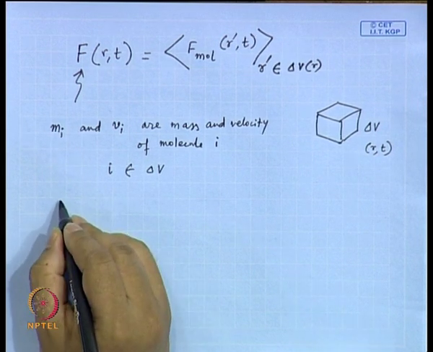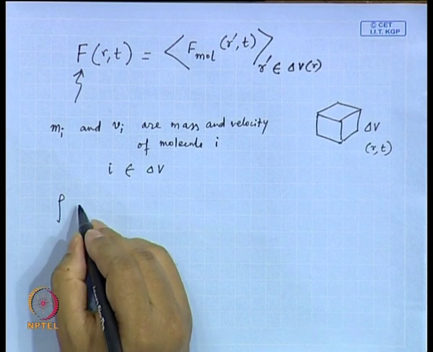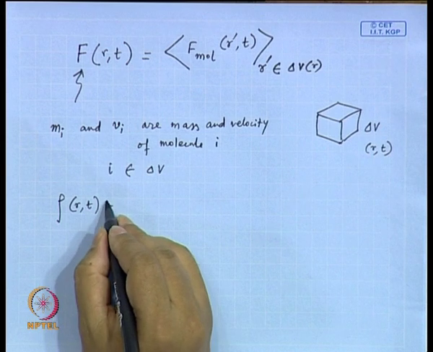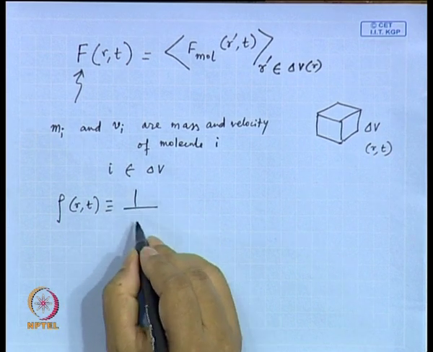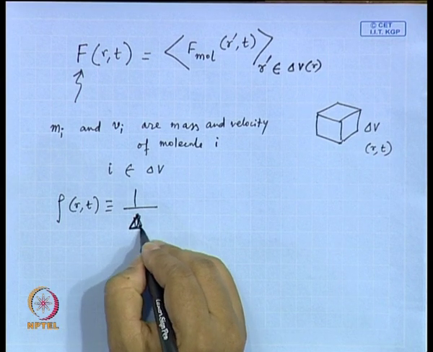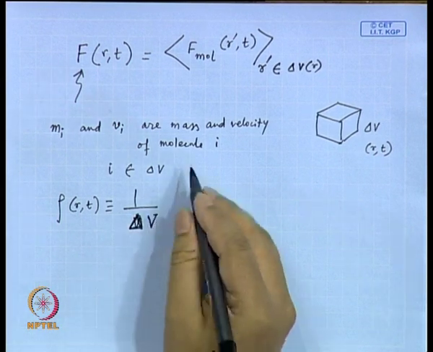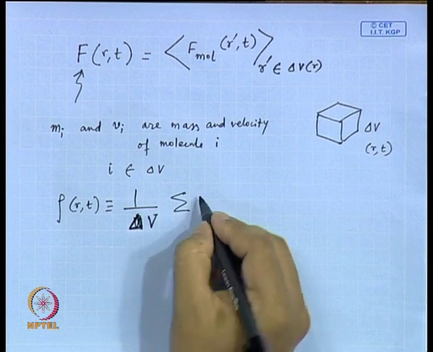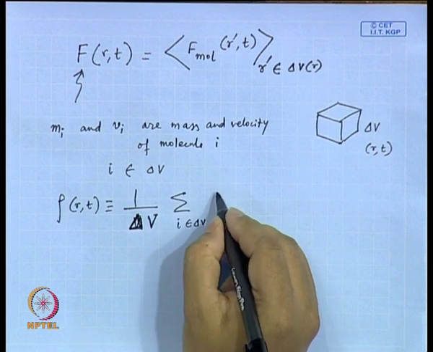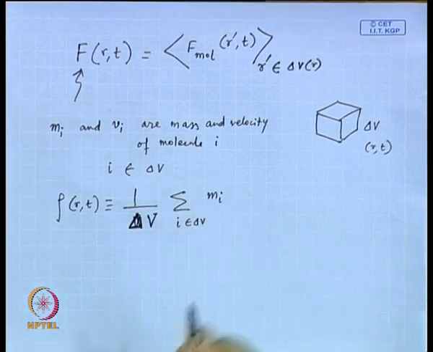then you can define density as 1 divided by delta V, the sum over i belonging to delta V of m_i.